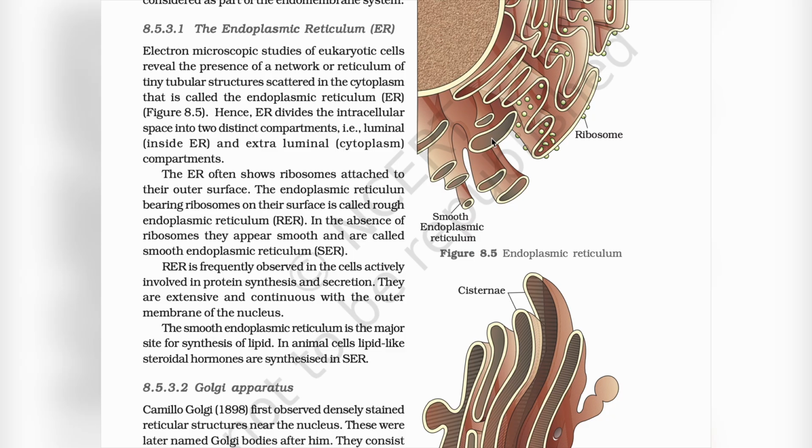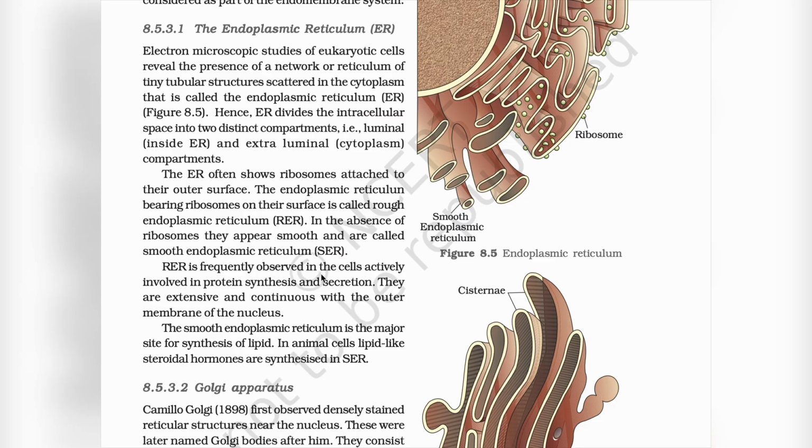This is luminal inside ER and then the rest is cytoplasm outside, extraluminal. The ER often shows ribosomes attached to their outer surface. The endoplasmic reticulum bearing ribosomes on their surface is called rough endoplasmic reticulum, RER. In the absence of ribosomes, they appear smooth and are called smooth endoplasmic reticulum, SER.